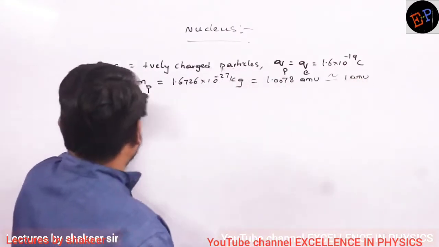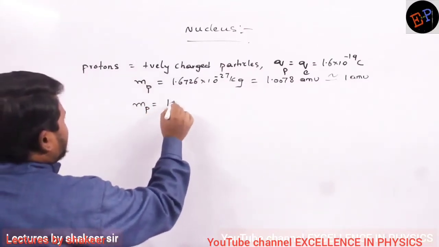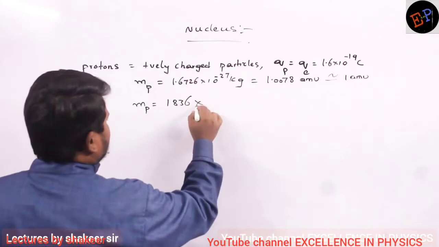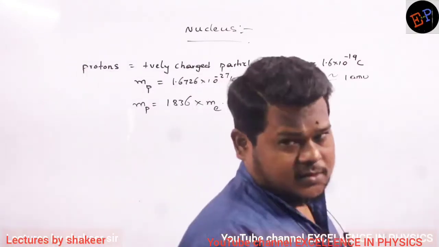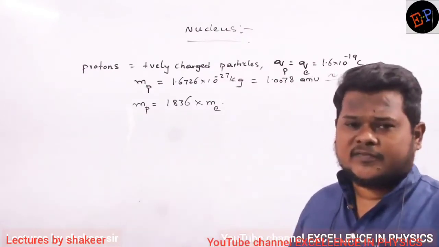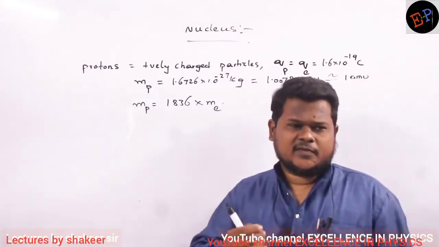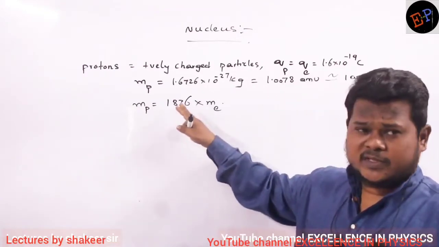And when compared to the mass of an electron, the mass of a proton is nearly 1836 times the mass of an electron. So the electron mass is very, very small.